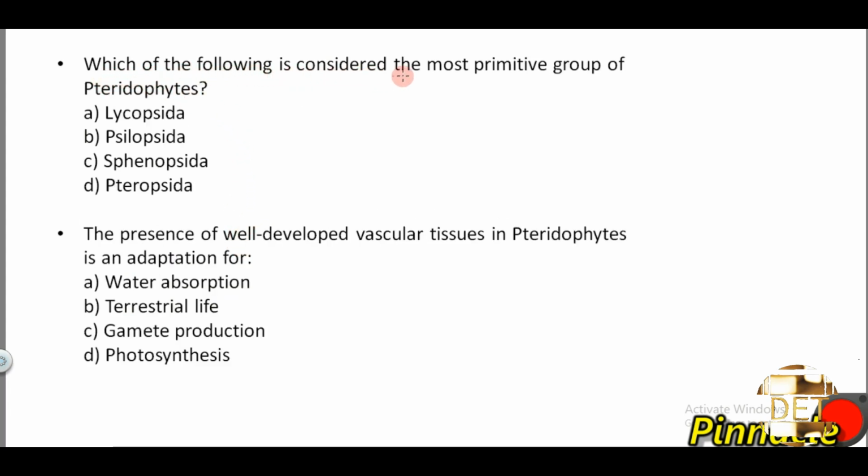Which of the following is considered the most primitive group of pteridophytes? From the phylum Pteridophyta, we have 4 divisions.